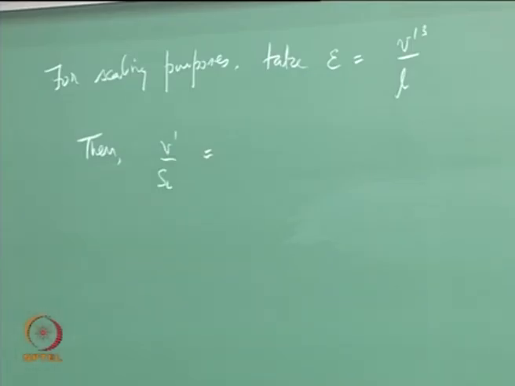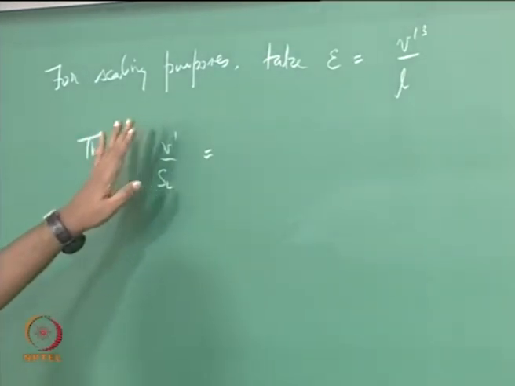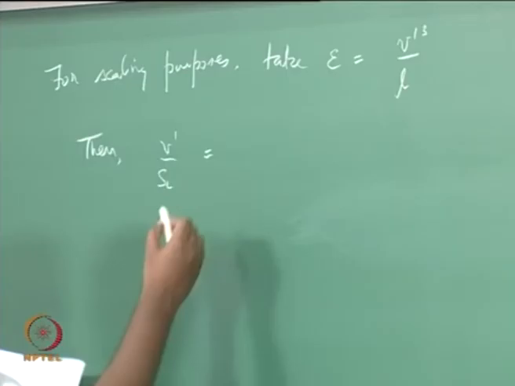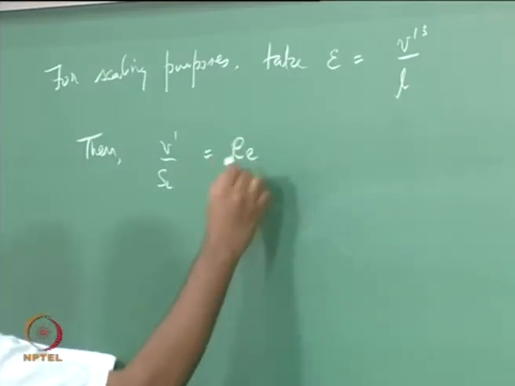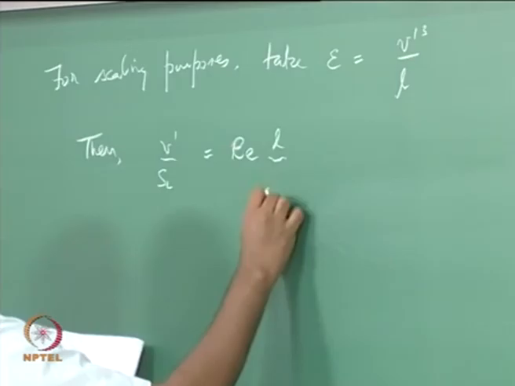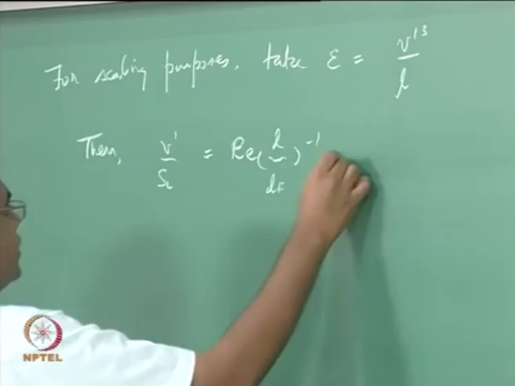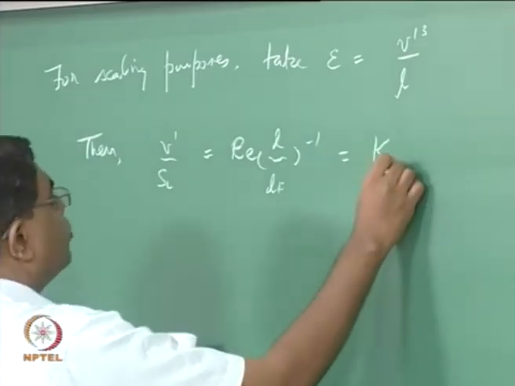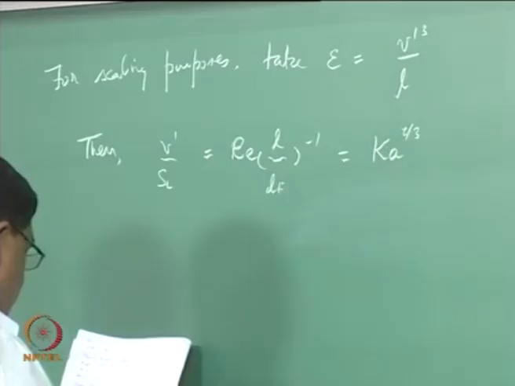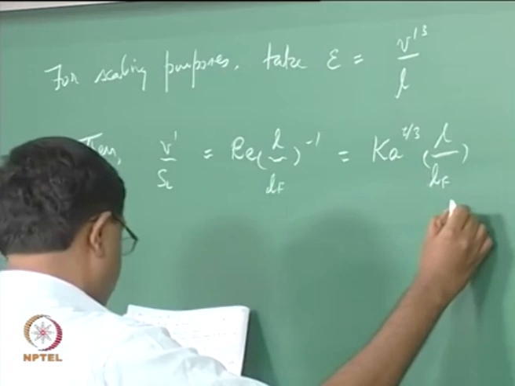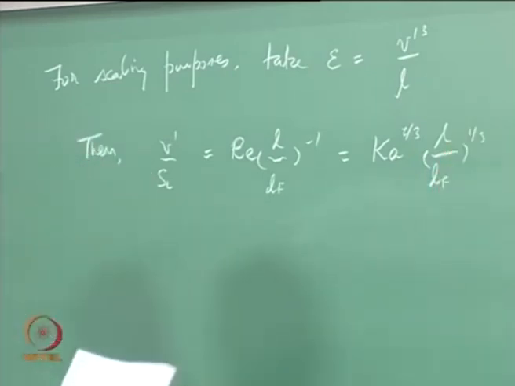So we are looking for expressions for V prime over SL in terms of L over LF, with the non-dimensional quantities involved in there, and we should now be able to show that this is equal to Re times (L over LF) to the minus 1, and that is also equal to Karlovitz to the 2/3 times (L over LF) to the 1/3.